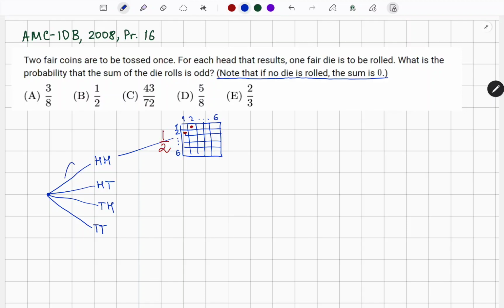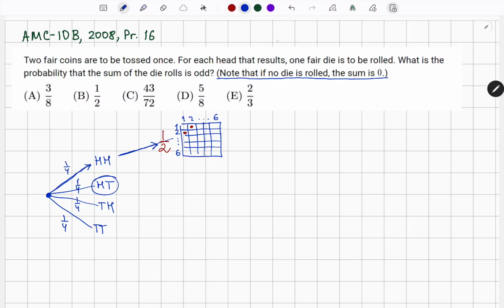Oh, I forgot to fill in these branches. So what's the probability to have head and head? It's 1/4. 1/4 for head and tail, 1/4 for tail and head, and 1/4 for tail and tail. So after that, the probability of having an odd result is a half.